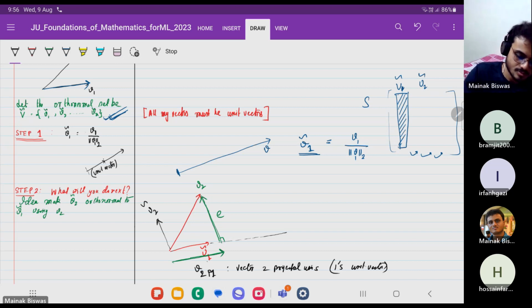So what will I do? I'll be doing something like a v1. This is your v2, right? Writing VP1. This is your v2. Sum of two vectors.